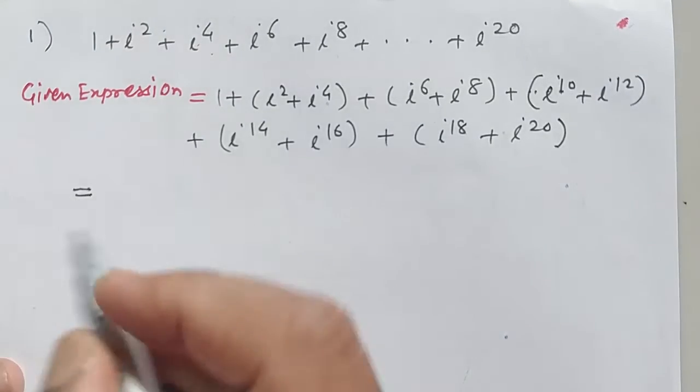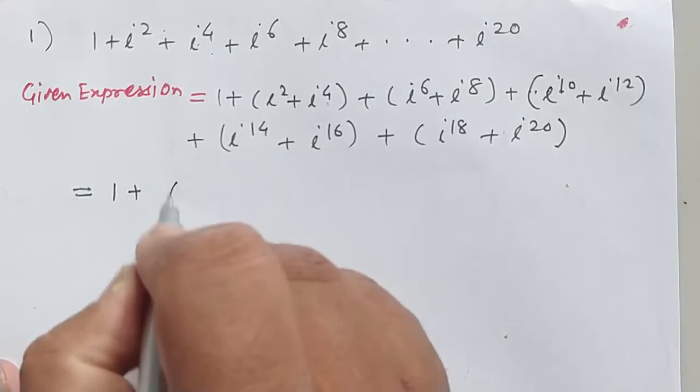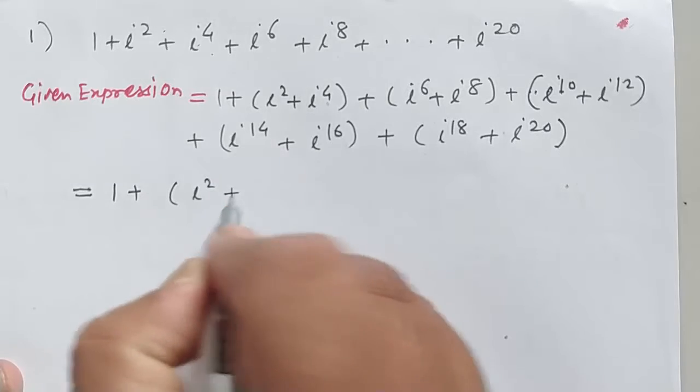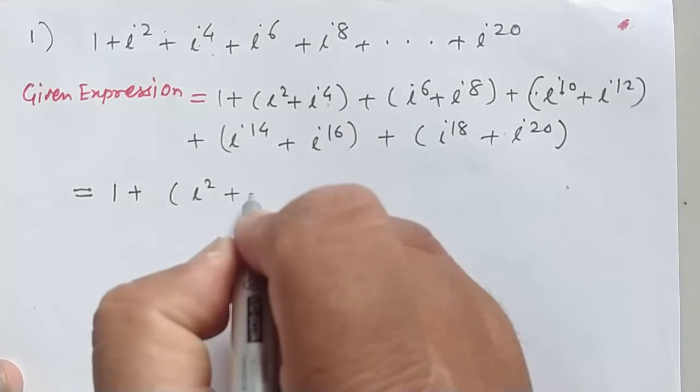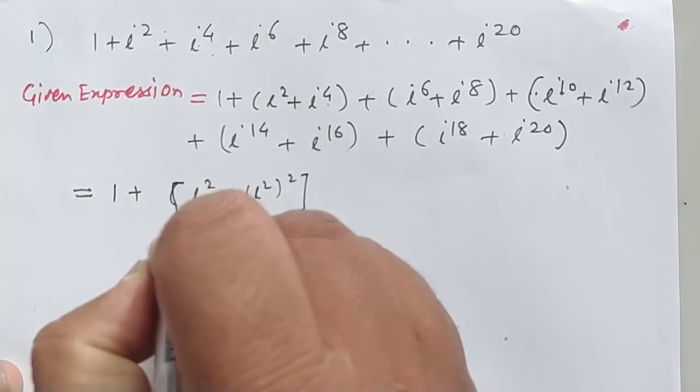And therefore, 1 plus i square plus i raised to 4. I can write this as i square whole square, so we put it in square bracket.